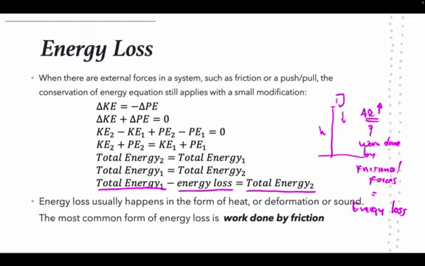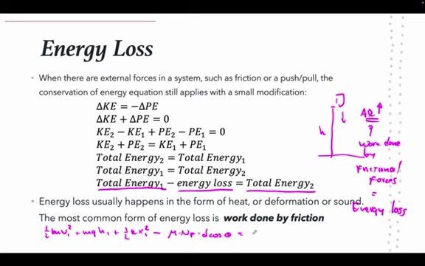The total energy at point 1 is 1/2 mv1 squared plus mgh1 plus 1/2 kx1 squared, minus energy loss, which is the work due to friction, equal to friction force times distance, right?